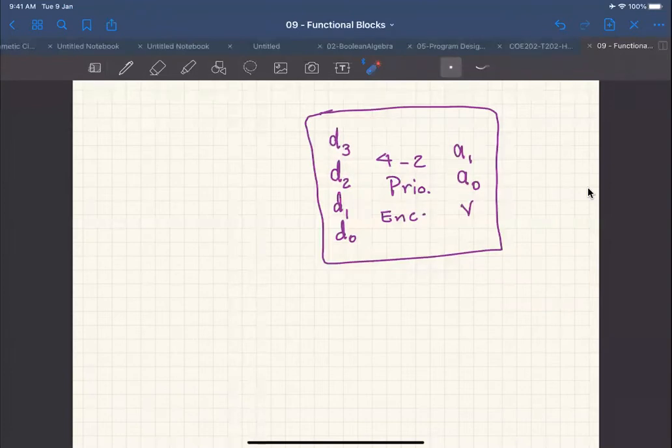All right, now my question to you. Let us say that we have a 2 to 4 decoder, okay, with A1 and A0, and outputs like D3, D2.